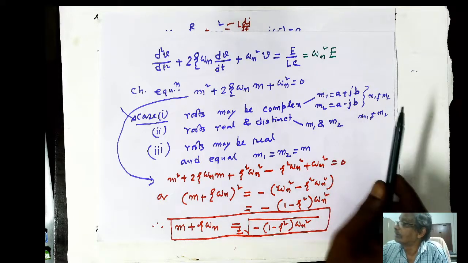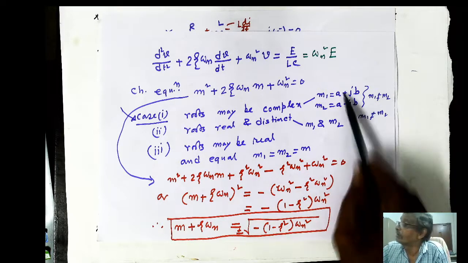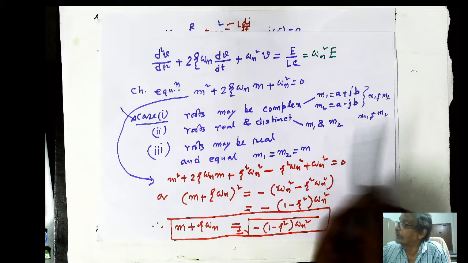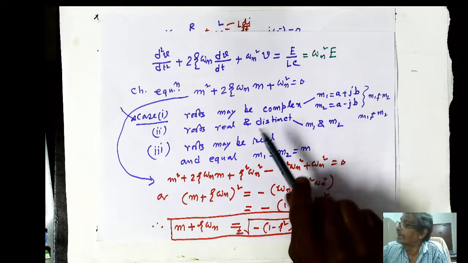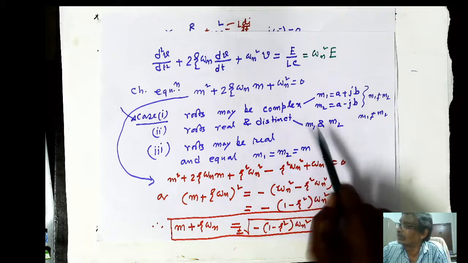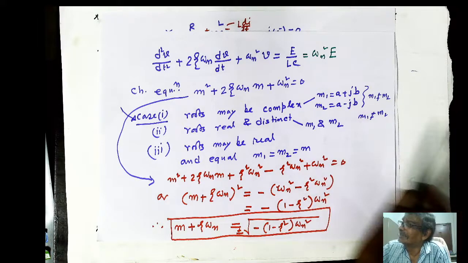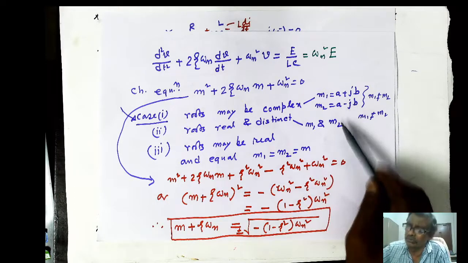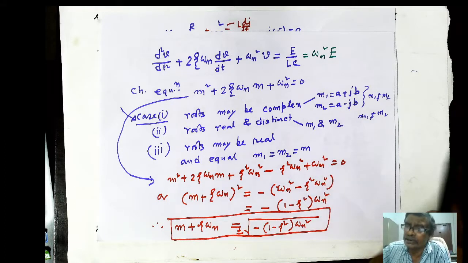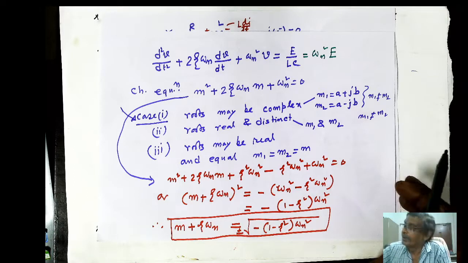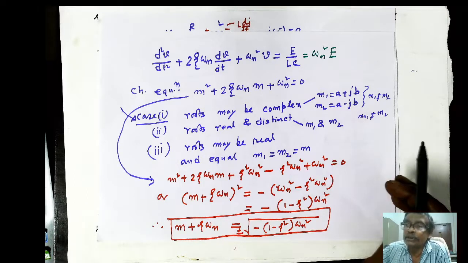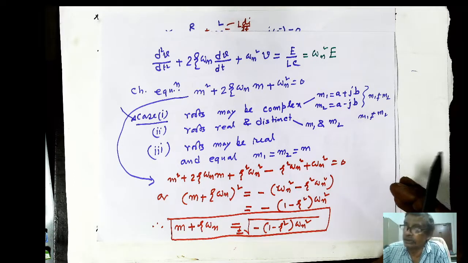M1 not equal to M2, definitely these two are not equal. And if roots are real and distinct, they are also not equal. In fact, these two cases are no different, distinct roots. Complex or real, I will treat them in the same way. A1 e to the power M1t plus A2 e to the power M2t will be the solution.